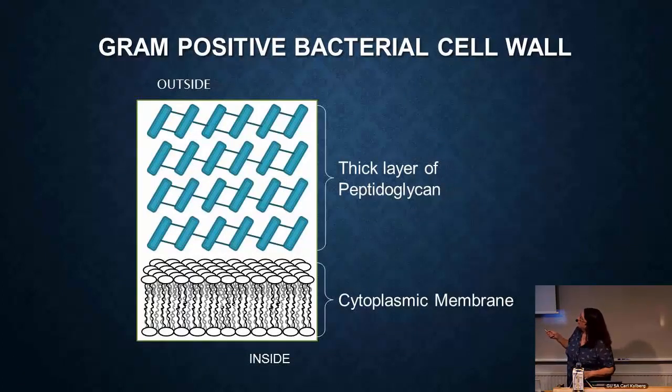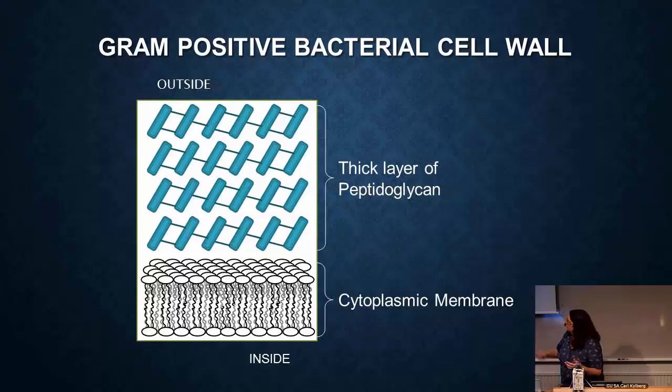Well, the Gram positive bacteria have this kind of structure. Down here in the inside of the cell, you have the membrane layer, and I took away the proteins because it got too messy. And you have this lipid bilayer, and then on top of that, you have something called peptidoglycan. Peptidoglycan is a very stiff molecule which covers the outside of the cell, and it's actually responsible for the bacterial shape.